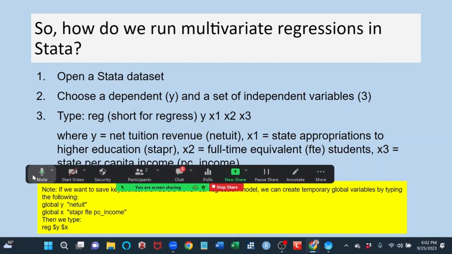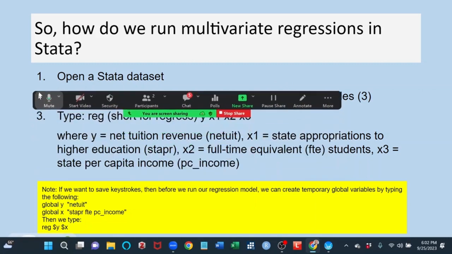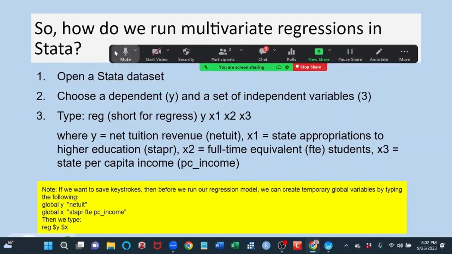Now, as you can see down here, you can actually save keystrokes, right? If you want to, by following these commands here, or code.